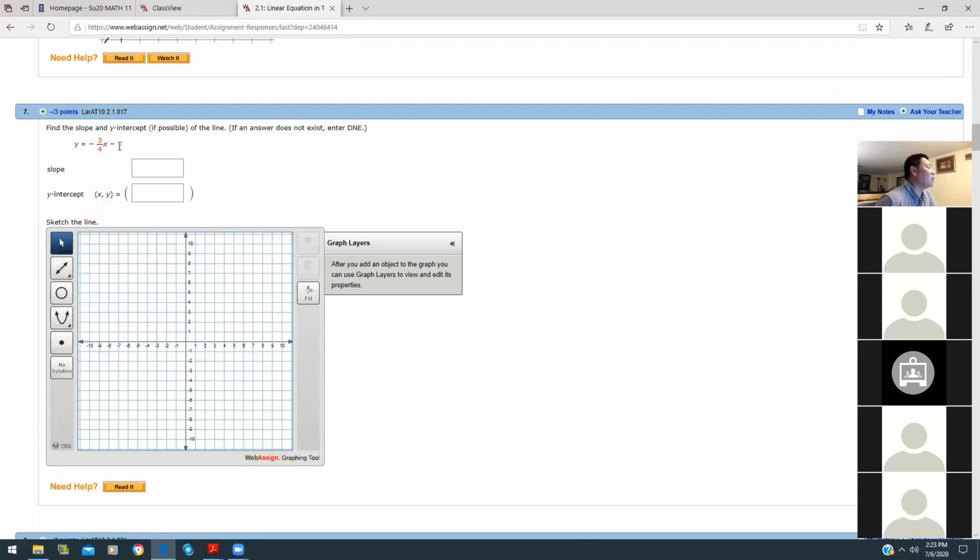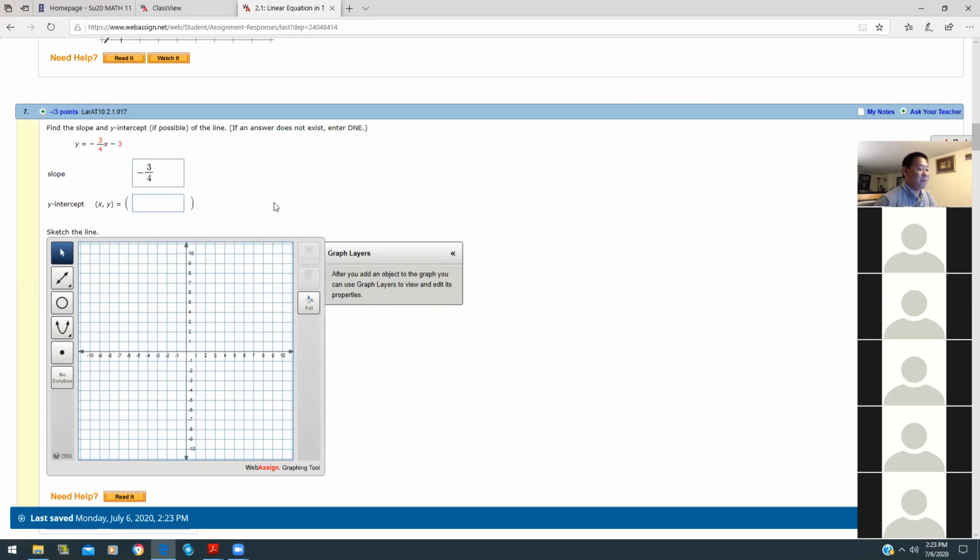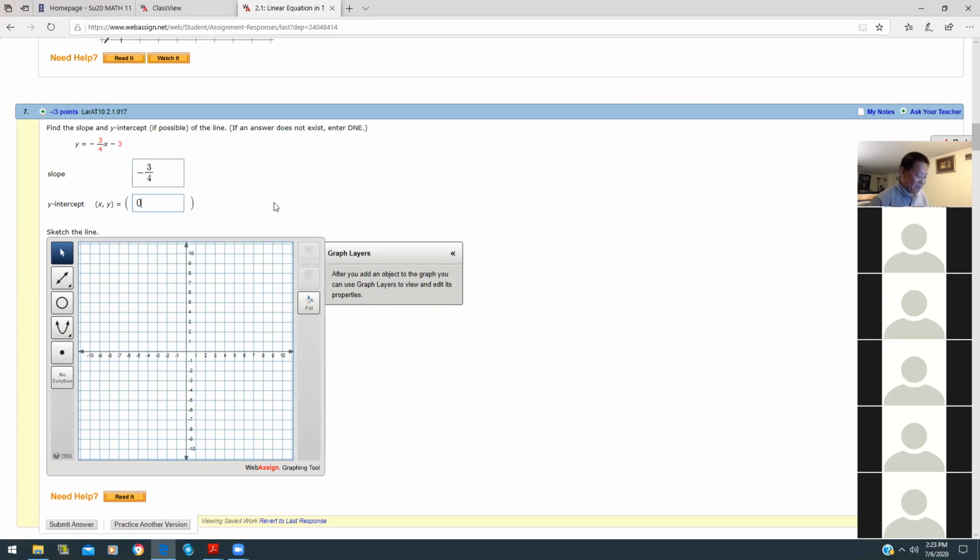First thing is, what's the slope in this case? Anyone know the slope for this question, 7? Negative 3/4. And the y-intercept? No, not -3. (0, -3). Thank you. Be careful, okay? Now we've got all this.